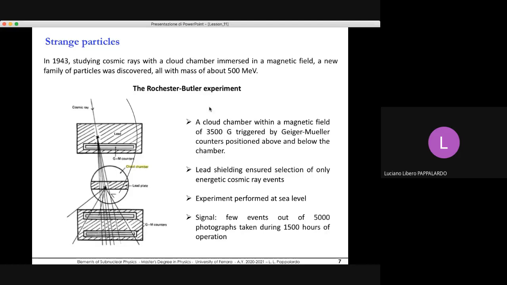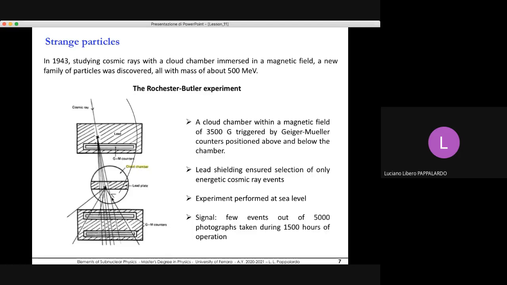Okay, so let me just go through the details of the experiment. A cloud chamber within a magnetic field of 3,500 Gauss, triggered by Geiger-Müller counters positioned above and below the chamber, was used. The lead shielding ensured the selection of only energetic cosmic ray events, such as the one you see here, that pass the lead, give a signal on the first Geiger-Müller, give a signal on the cloud chamber, possibly triggering a reaction here on the lead plate.